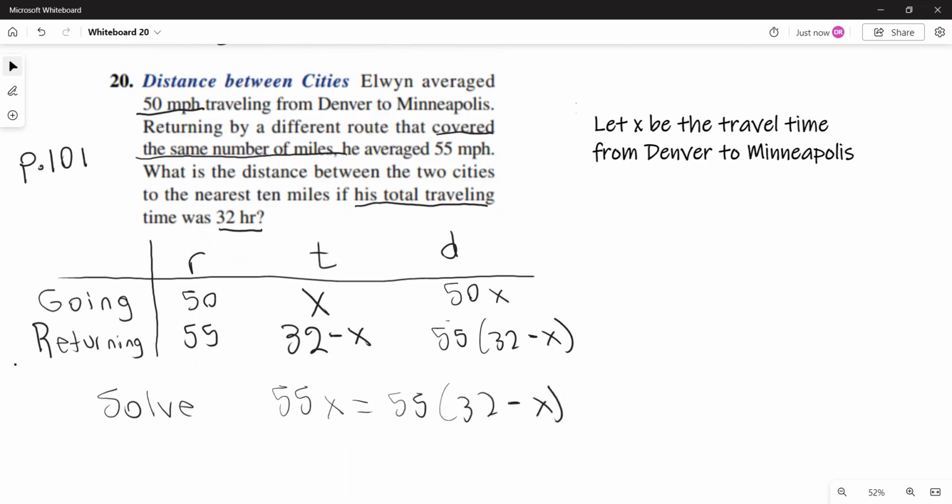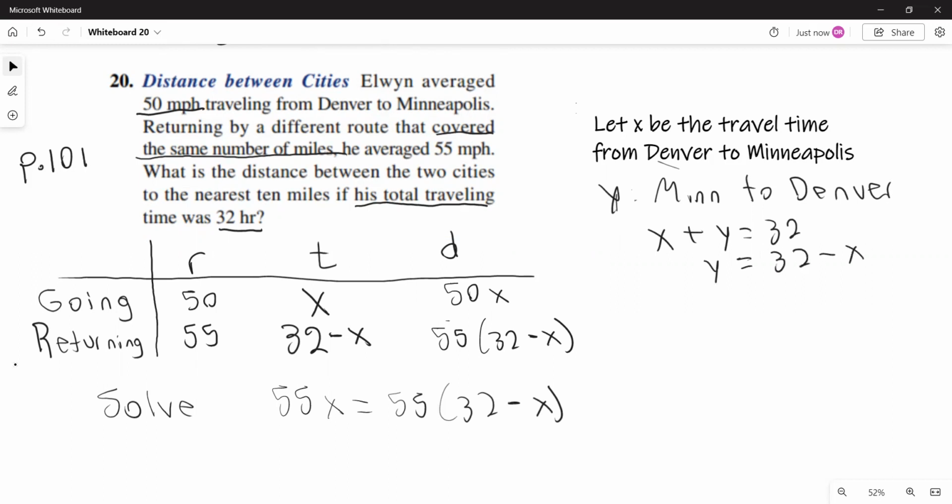So if X is the travel time from Denver to Minneapolis, Y is Minneapolis to Denver. X plus Y is 32, so Y is 32 minus X. This is where 32 minus X is coming from.